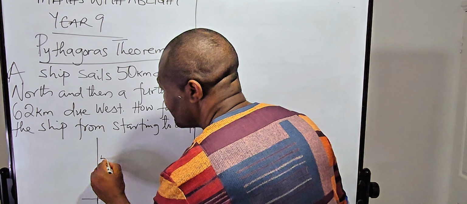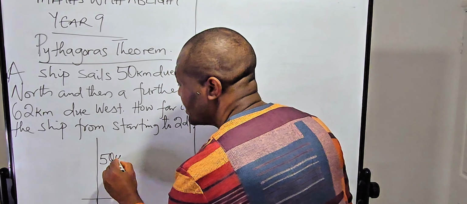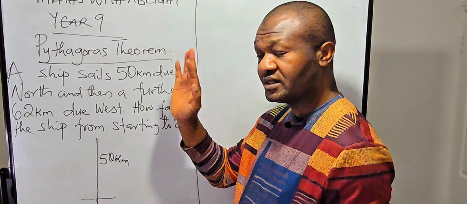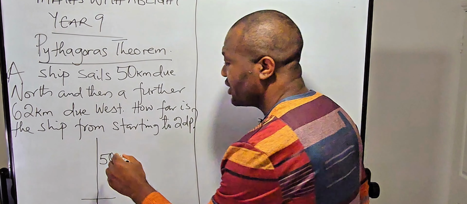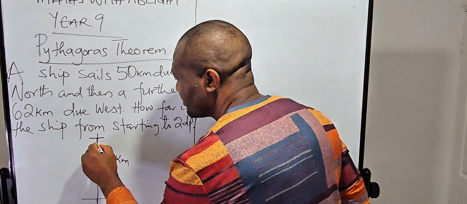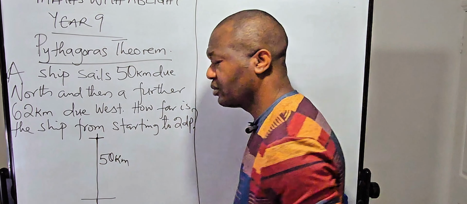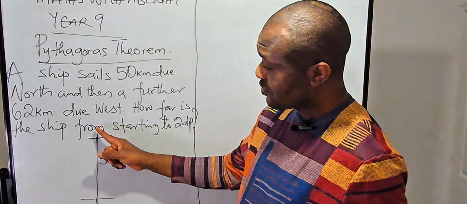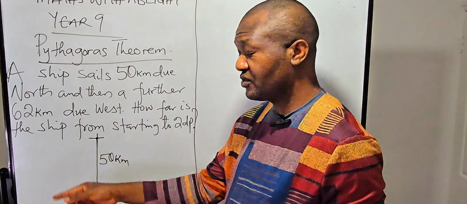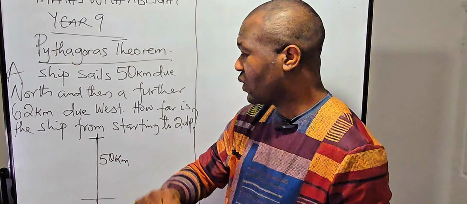You can call that 50 kilometers. You really do not have to do any serious measurement. Just take it as far as you are satisfied. When you get to that point, put your four cardinal points again. The middle of it is where he stopped. North is up, south is down, to the right east, to the left west.